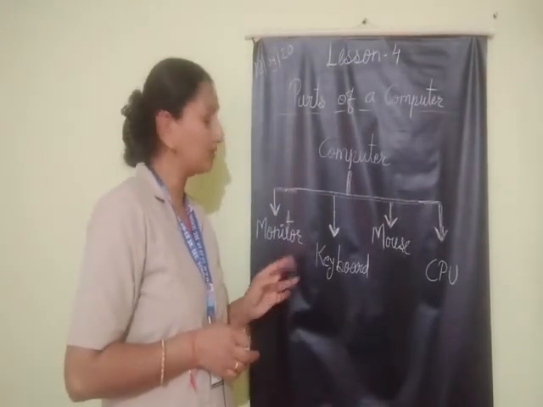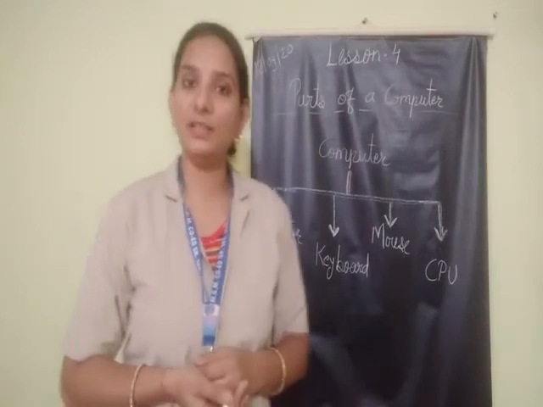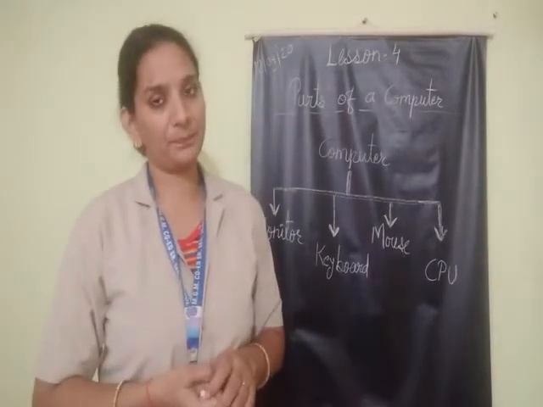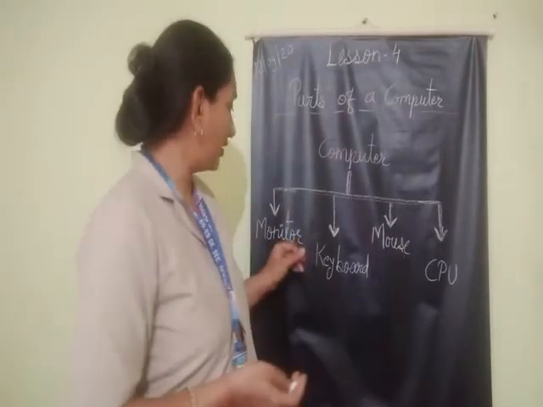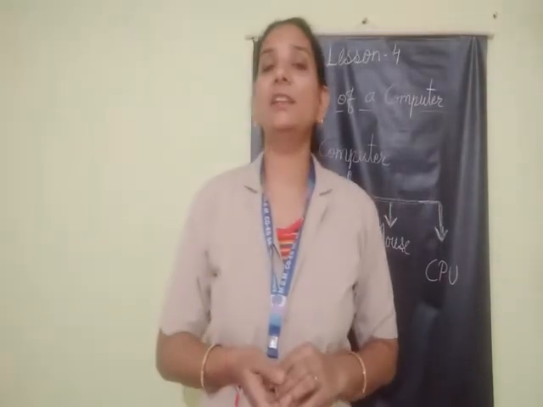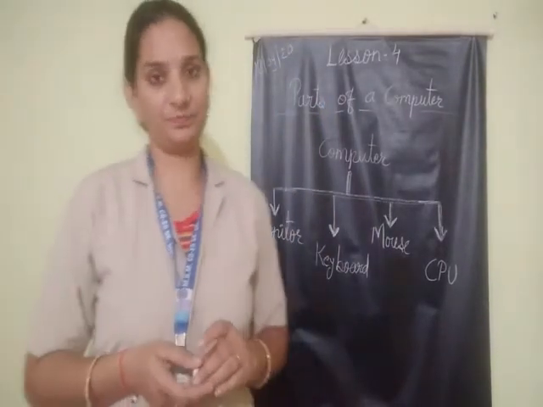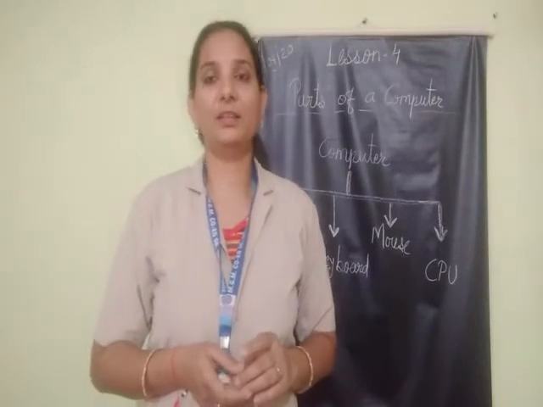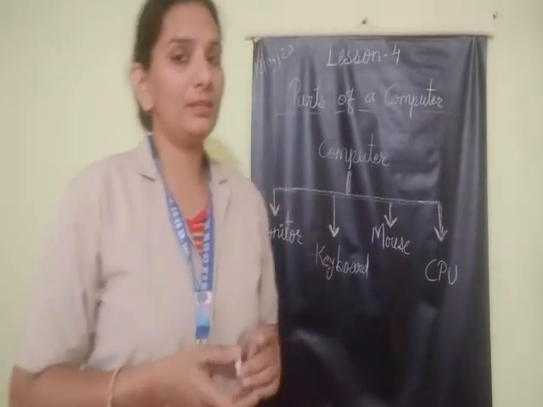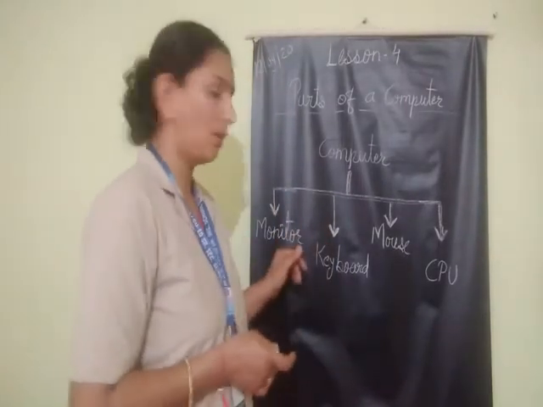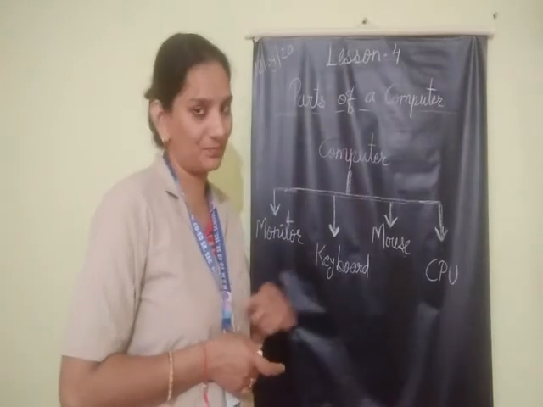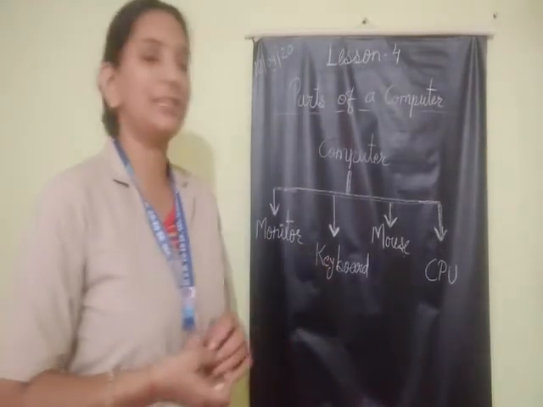So the monitor also gives the result after the processing. A computer monitor looks like a television and it gives the output. Okay children. So where do we get the output? On the monitor.